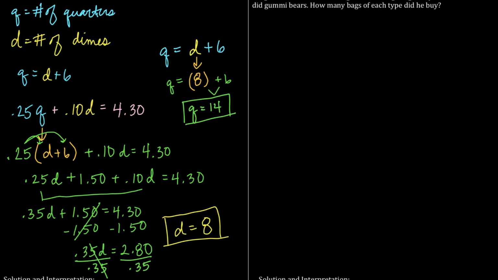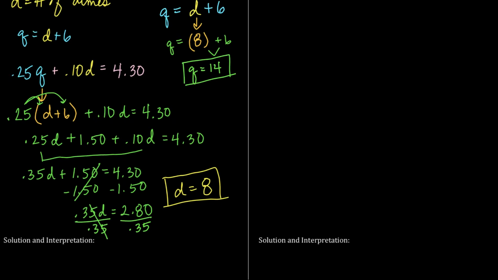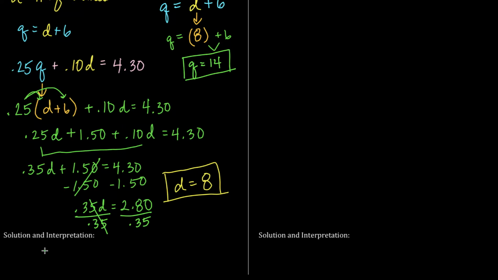Now one thing I want you to do is write your solution and the interpretation. So my solution is 8 comma 14. And 8 was the dimes, and Q was the 14. So let's write it.